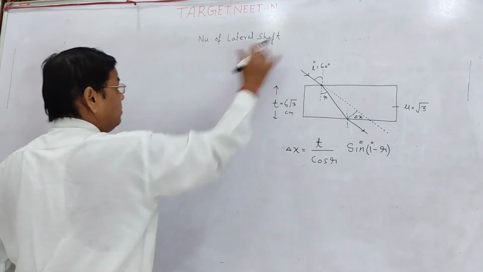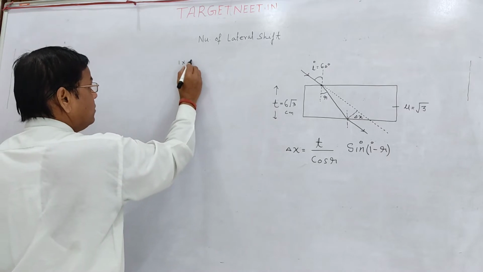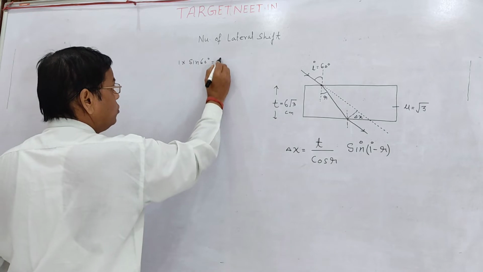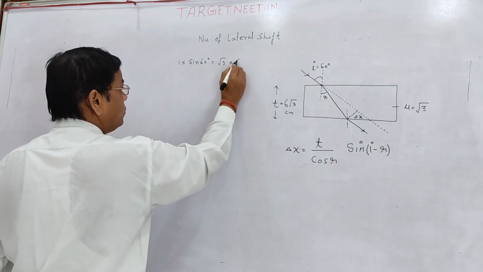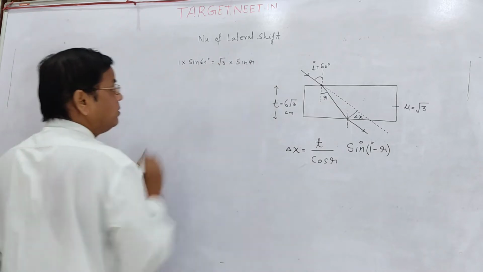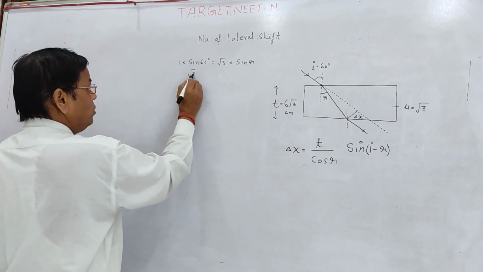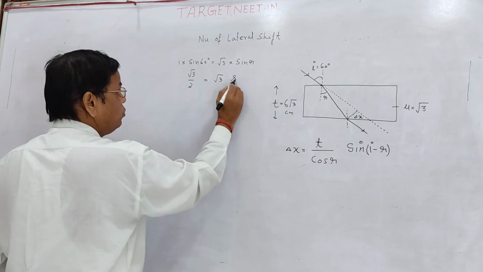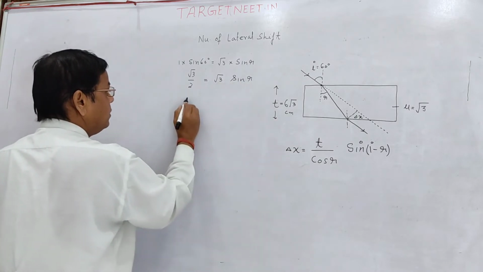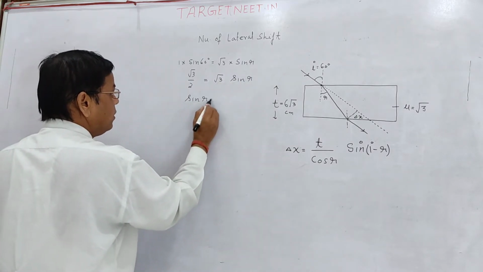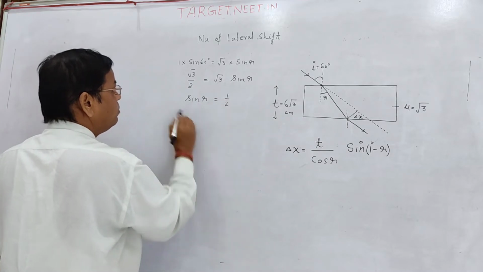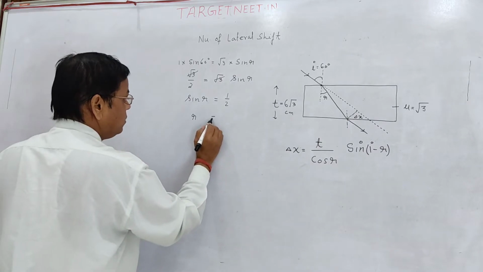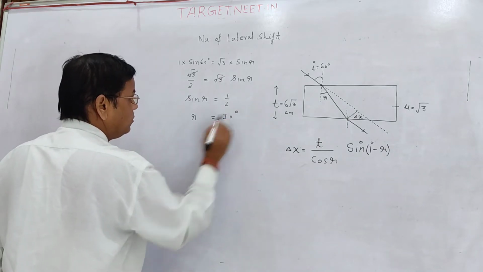So it is air, 1 into sin 60 is equal to √3 into sin r. So √3 by 2 is equal to √3 into sin r. From here sin r is 1 by 2 because √3 gets cancelled. So r is 30 degrees. This we know.